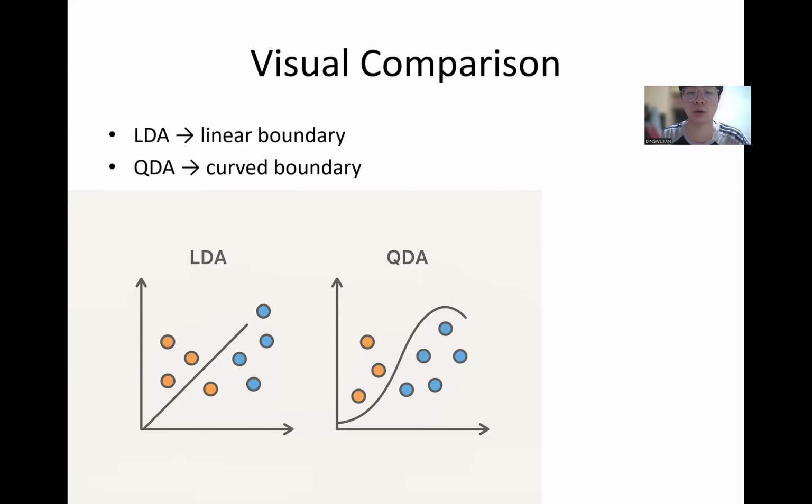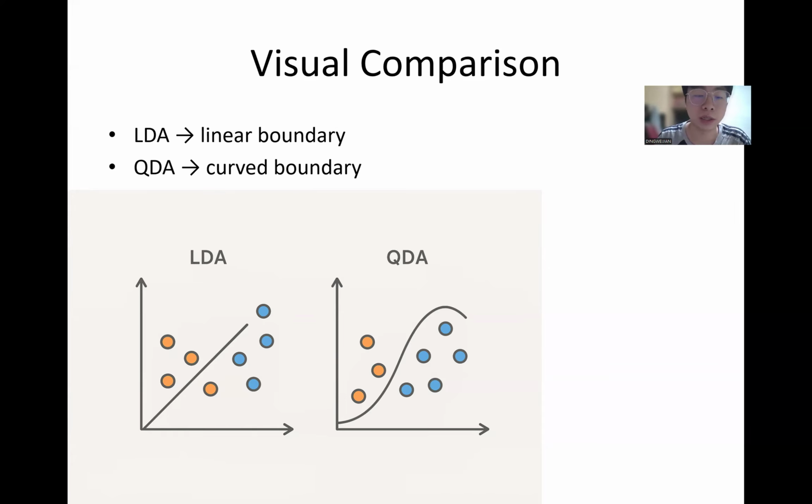Imagine two groups of points, red and blue. If both groups are round and similar in spread, a straight line from LDA separates them well. But if one group is stretched or tilted, a straight line will fail. QDA can bend the boundary to better match the data's shape.